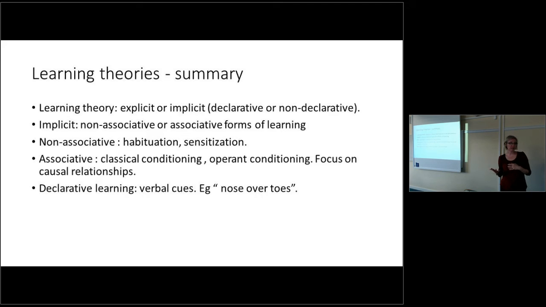When we look at learning theories, I'm not going to go into them in great detail, but we look at these key aspects of learning. With learning, we're thinking about whether it's explicit learning or implicit learning. If you remember when we talked about memory last week, we talked about explicit memory and implicit memory, and we talked about procedural memory, the knowledge of how you do things.